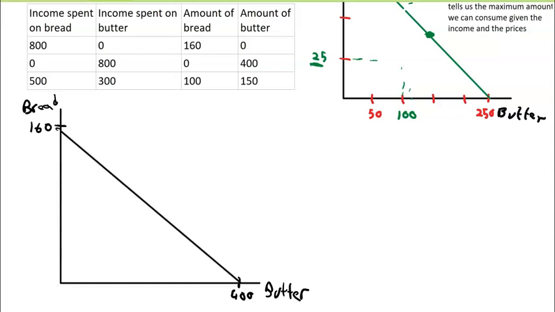This is supposed to be on 160. And if I were to plot this combination, where would that point fall? It's 100 units of bread, so somewhere here, and 150 units of butter, so somewhere here. So it should be a point right here.